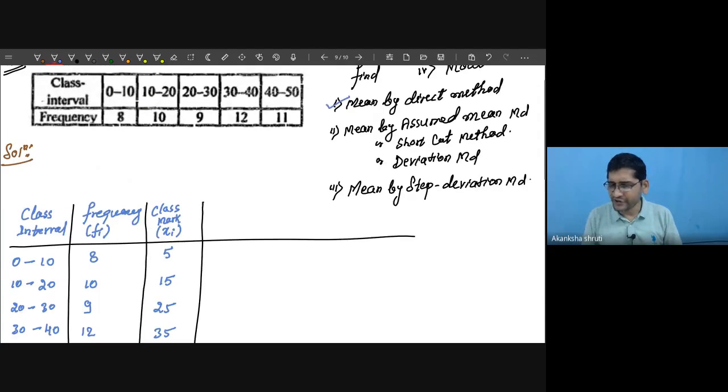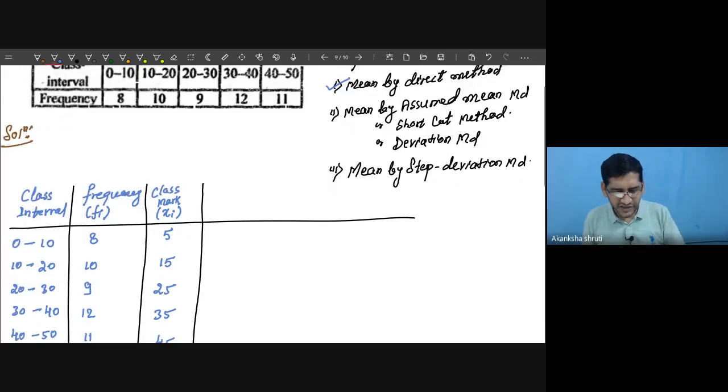Let me do the very first one, the direct mean method. For the direct mean, the calculation that I am going to do here is xi into fi.